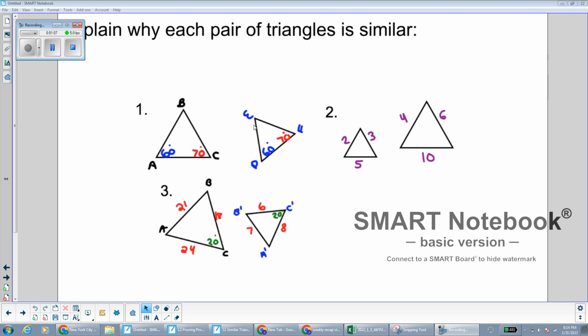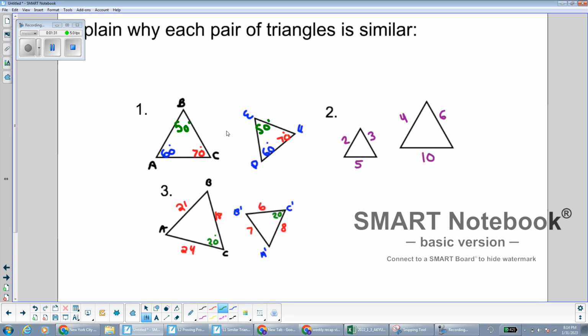60 plus 70 is 130. So that means the last angle in each of these triangles needs to be 50 degrees to make the 180 degrees that all triangle angles always add up to. So what we see here is that we have 3 pairs of congruent corresponding angles.